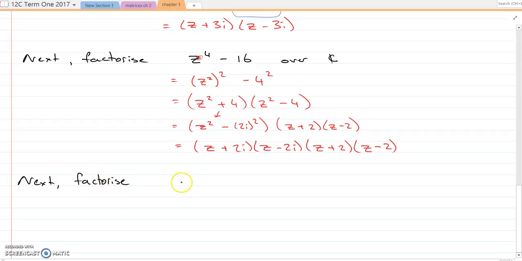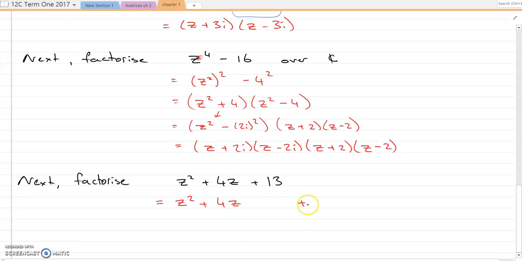Factorize z squared plus 4z plus 13. Okay, this one, going back to that complete the square rule, so we get z squared plus 4z.